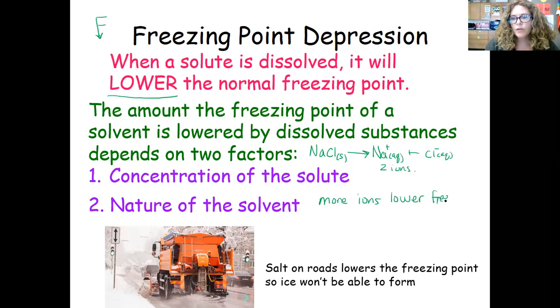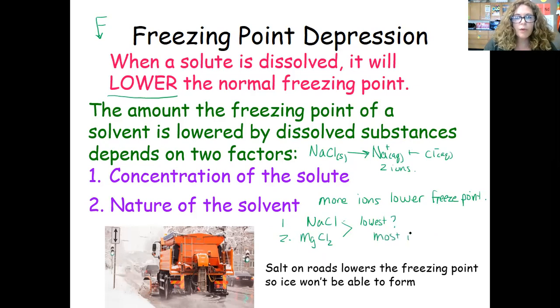And then I'll just do freezing point. So if I'm comparing sodium chloride to magnesium chloride, which one is going to have the lowest freezing point? It would be the one with the most ions, right?